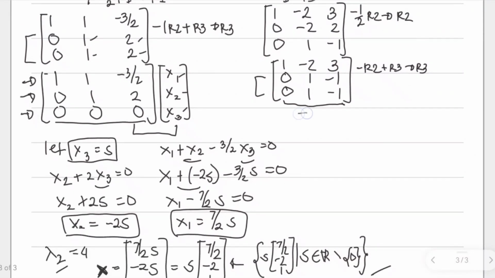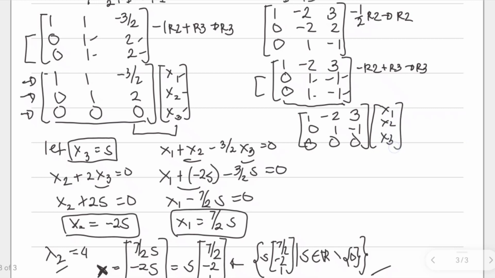So our final form is 1, negative 2, 3; 0, 1, negative 1; 0, negative 1 times 1 plus 1, 0. Negative 1 times negative 1 is positive 1 plus negative 1, 0. So again, x sub 1, x sub 2, and x sub 3 here.